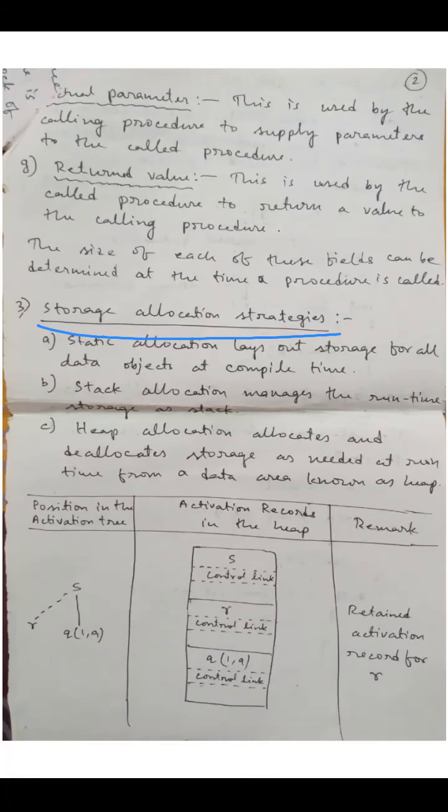So let us consider this example. S is the main function which is calling the R function. R is the read array function. Basically, this function reads the array for performing quicksort, and then the quicksort function.